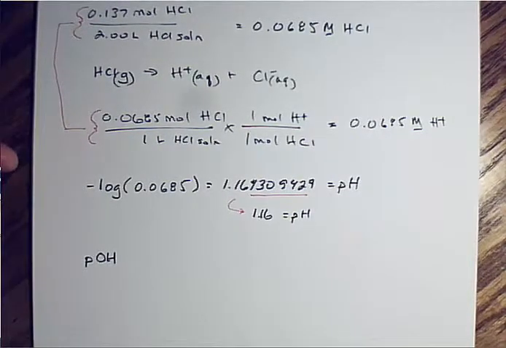They both go from 0 to 14. If the pH is 14, the pOH is 0. If the pH is 0, the pOH is 14. If the pH is 7, what's the pOH? 7, because they're both neutral at the same point. But they're both logarithmic scales.